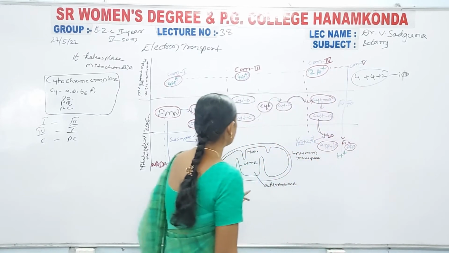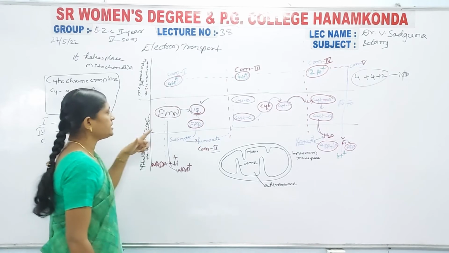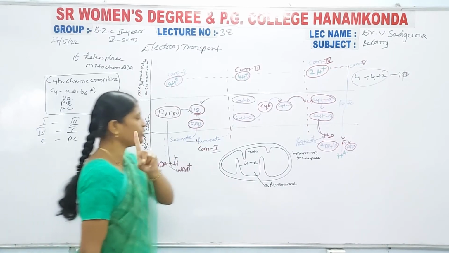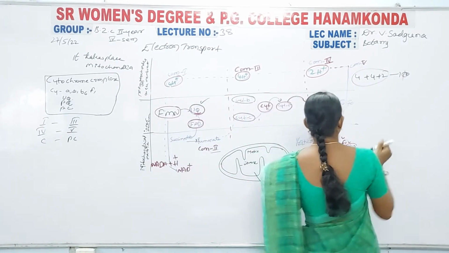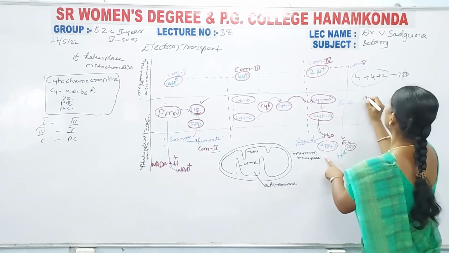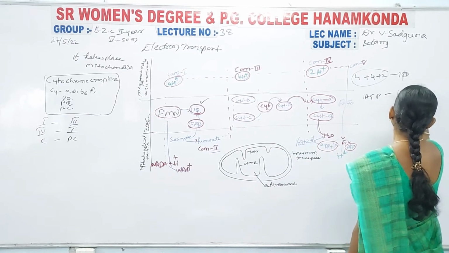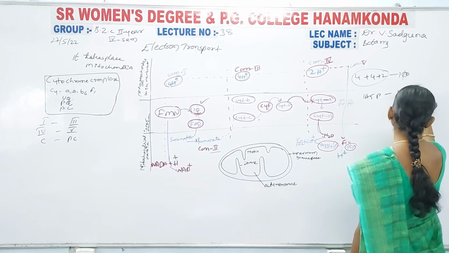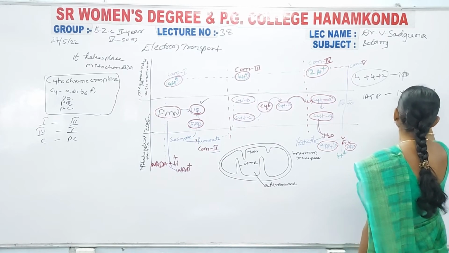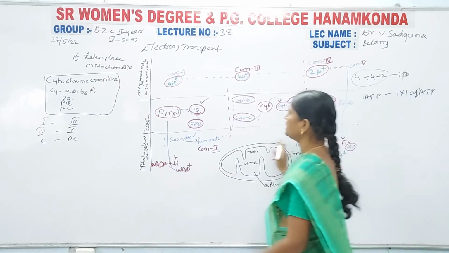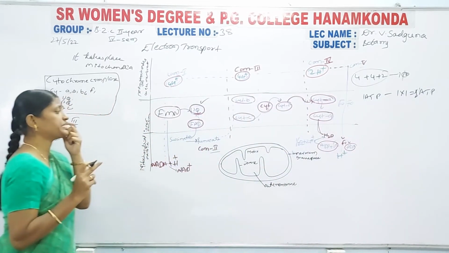So in the overall reaction, we can use only one ADP. So here one ATP only is utilized. Then one ATP only is used in the electron transport system.